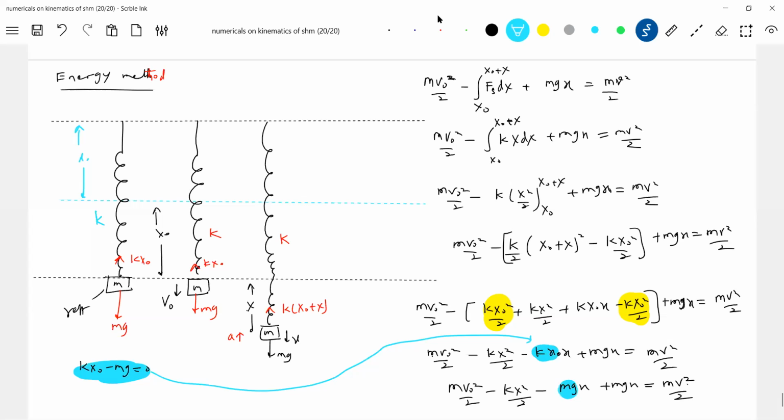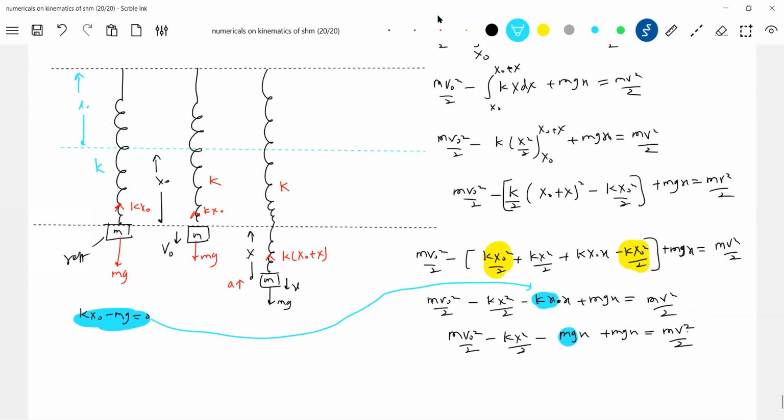I can write it down. Then that mgx will get eliminated. So what will be left over? We will be left with one very fine equation: mv naught square by 2 minus kx square by 2 equals mv square by 2.